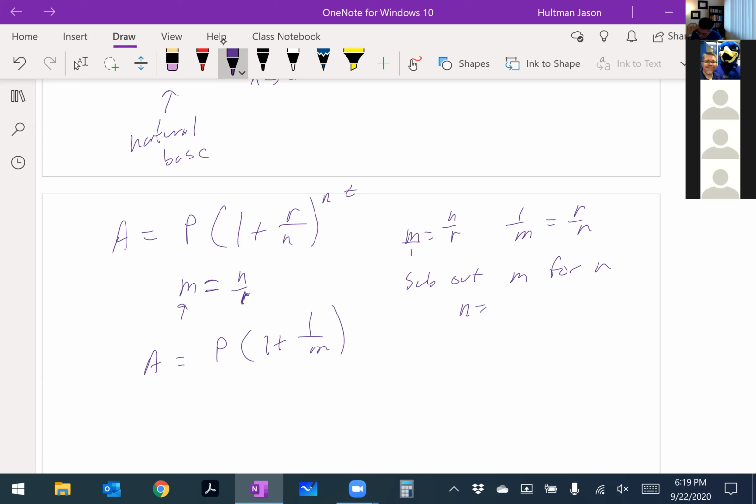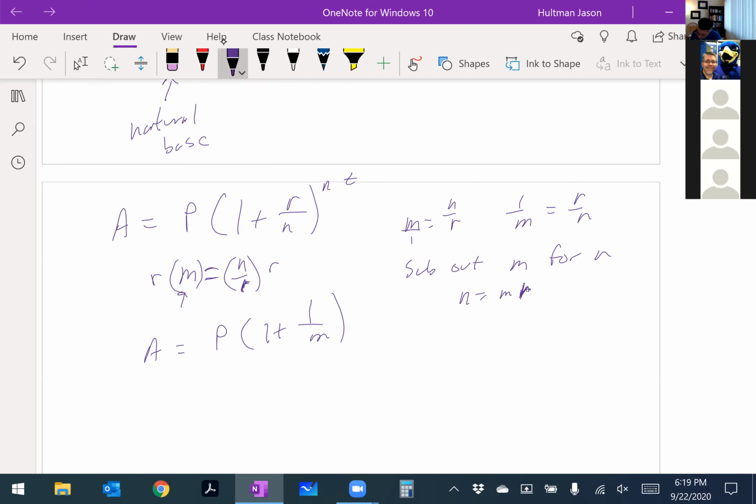Well, if I multiply both sides of this equation by r, then n is equal to rm, or mr, I should say. Either way. So what is this going to become? Well, this is going to become mrt, or Mr. T. I'm just kidding. It's mrt. It's this m, this dummy variable m, times the rate times the time.